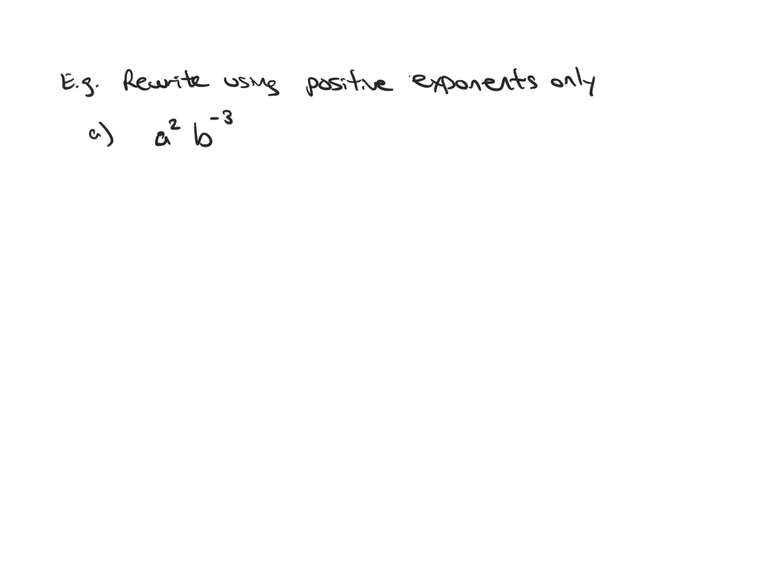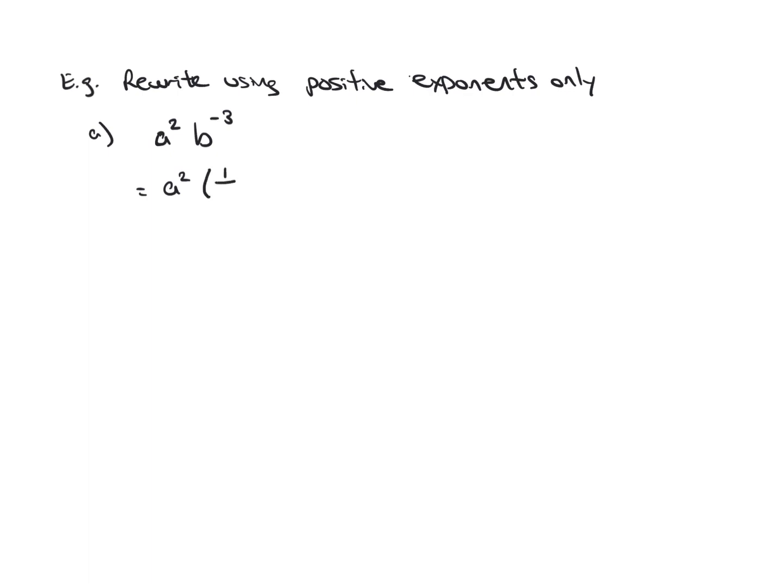Okay, so a squared b to the -3. The first thing I want you to realize is that the a squared does not have to change at all. It already has a positive exponent, so it already satisfies the requirements of the question. However, b to the exponent -3, that's what we have to change. So we have that -3 exponent, and if you follow the rule from the last slide, you flip it and put it in brackets.